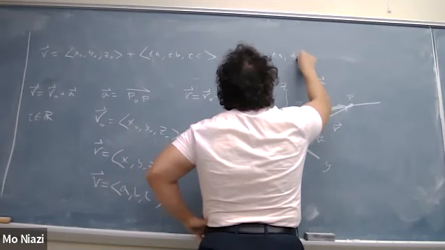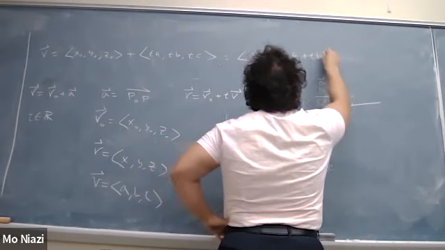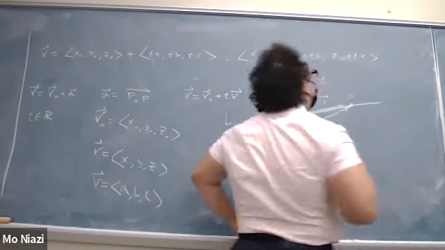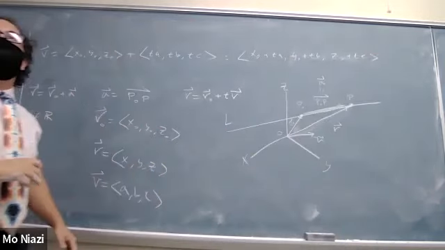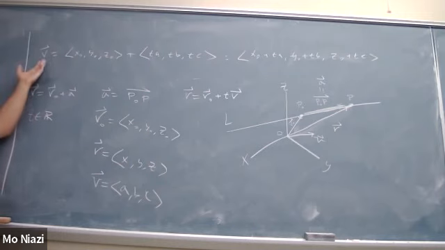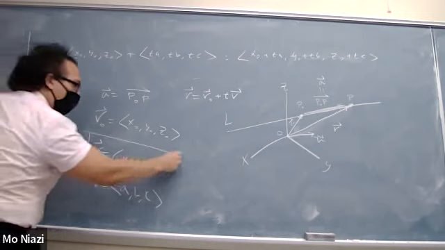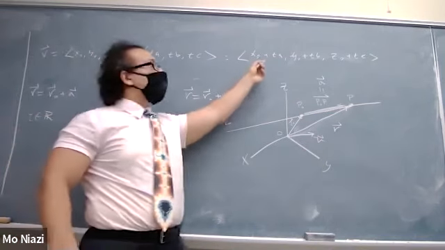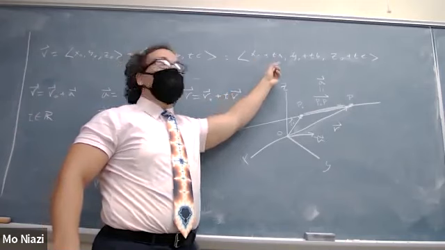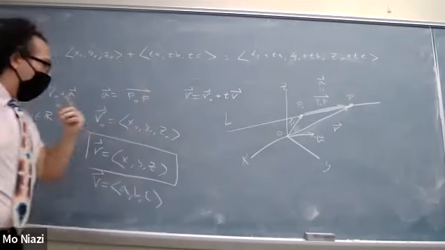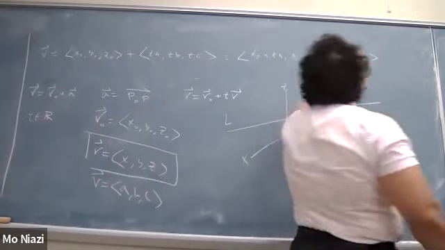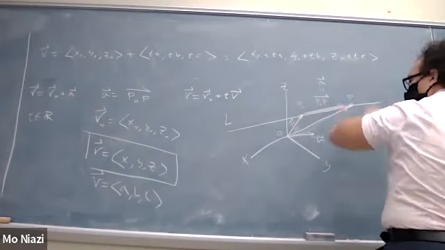This is y naught plus tb. This is z naught plus tc. Notice that all equals r. So I can set the x component here equal to the x component there, the y component here equal to the y component here, the z component here equal to the z component here.